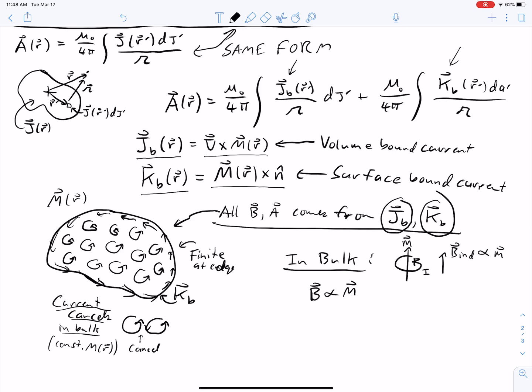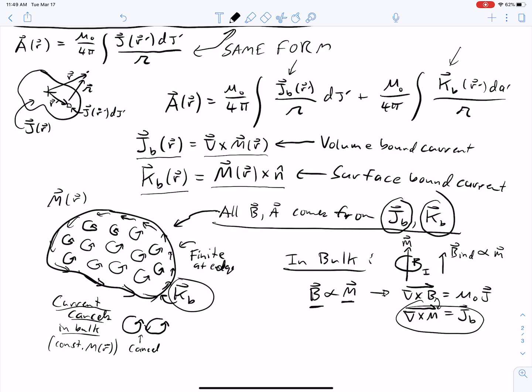What that means is we know that del cross B is equal to mu naught J. If M and B are proportional to each other, then del cross M, replacing B with M, is equal to a J. In this case, it's the bound J. This is by analogy: if del cross B equals mu naught J, then del cross M should equal a J. This is just a hand-waving argument to help you remember it.